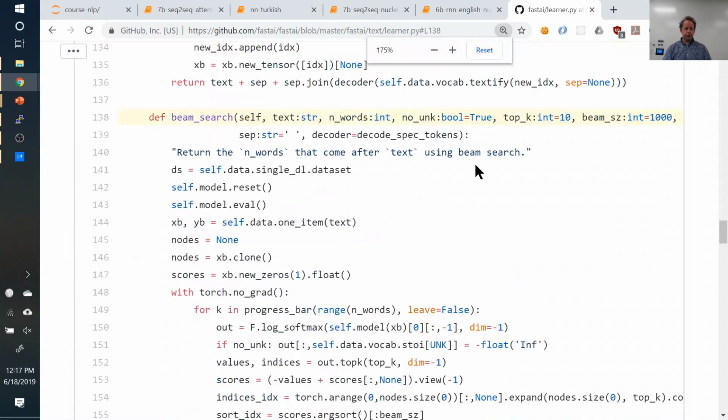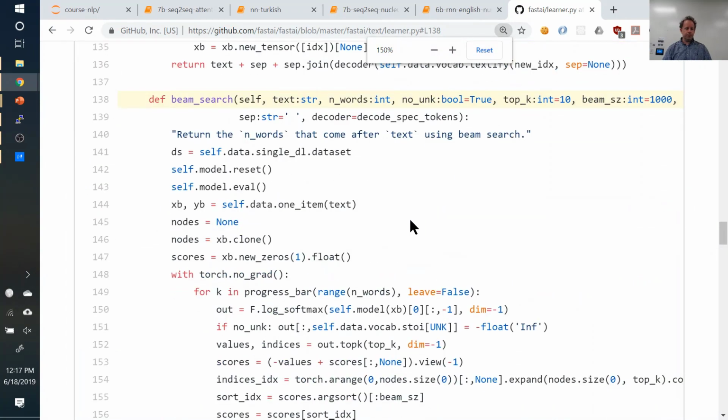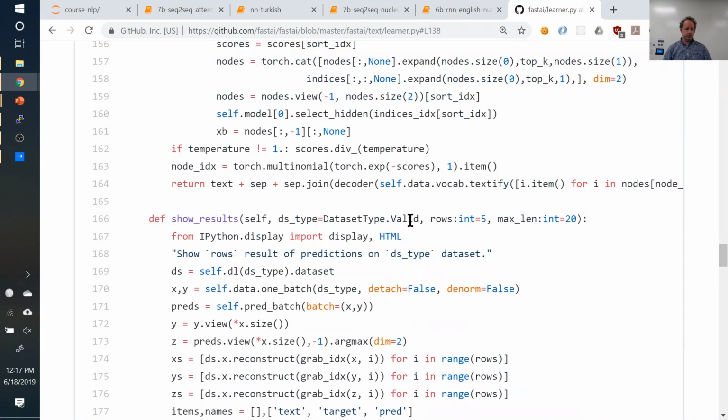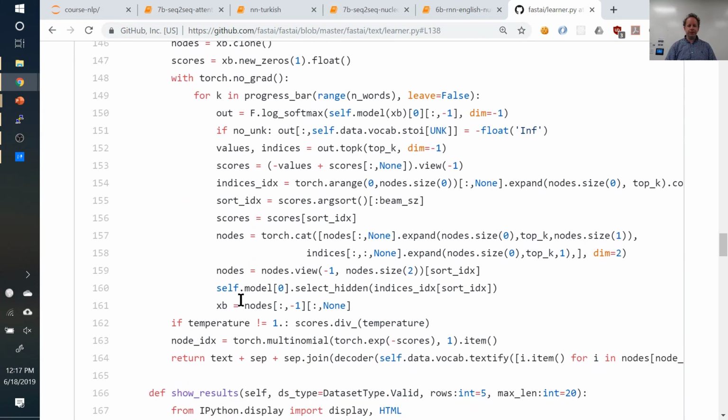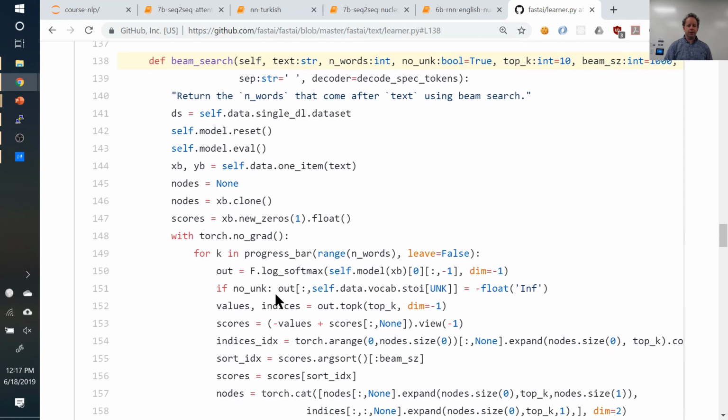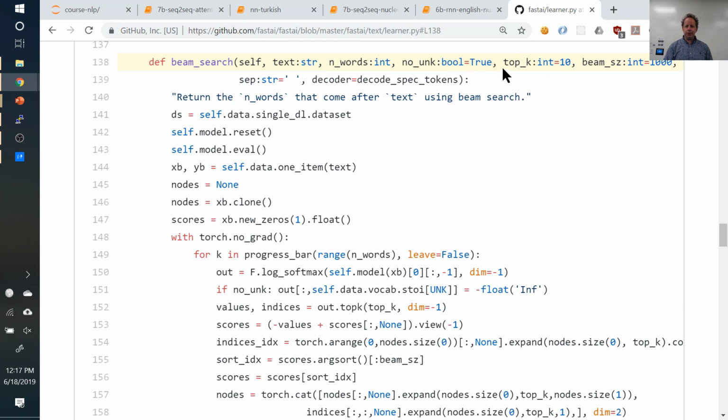And there it is. So it's kind of 1.5 screens. So it's not lots, but it's basically just doing that loop and selecting the top k at each time step, and here's that beam width, that beam size, you can pass in.